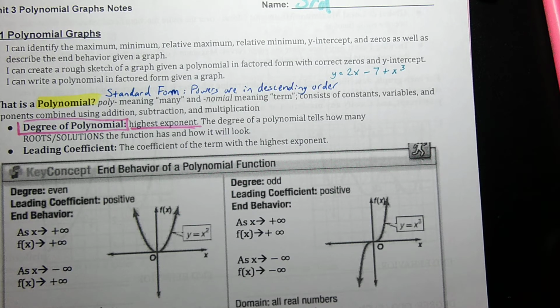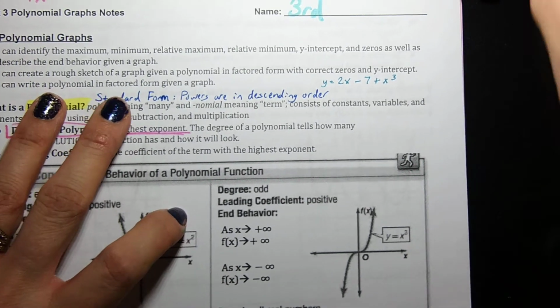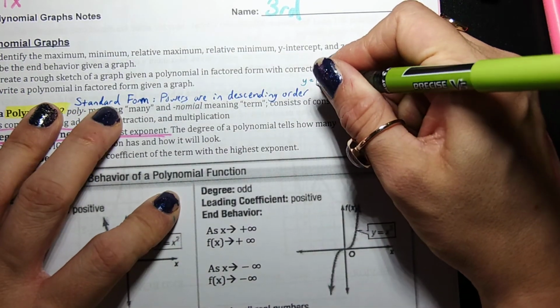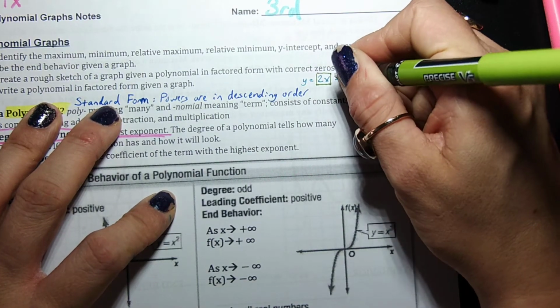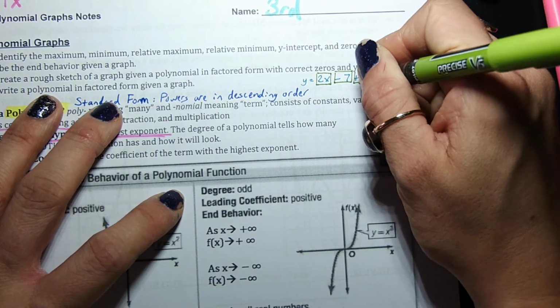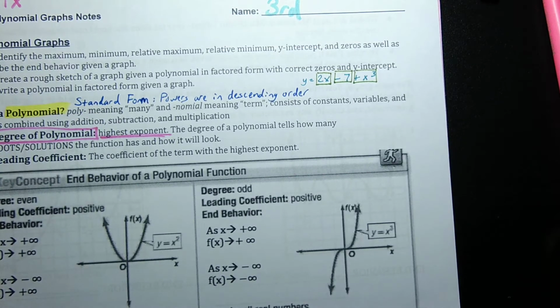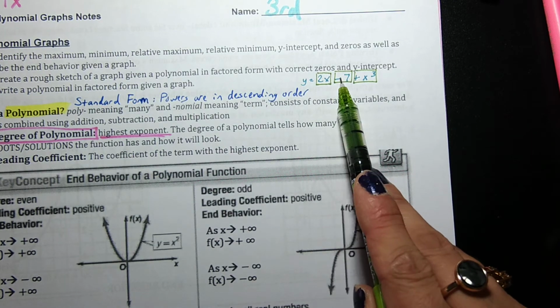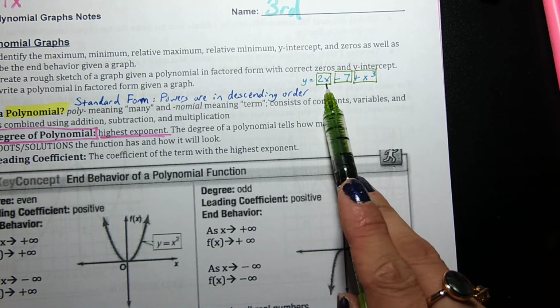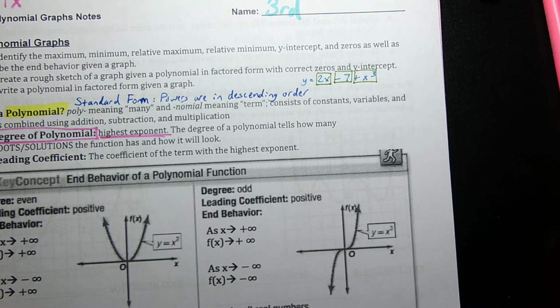But we do need to make sure that we are locking in the sign with each of the terms it is associated with. We did this way back in Unit 1 a couple of times. Sign goes with the number behind it. And I like drawing those little boxes because this kind of shows the structure of the polynomial, that it is made up of individual monomial or single term parts added or subtracted together.